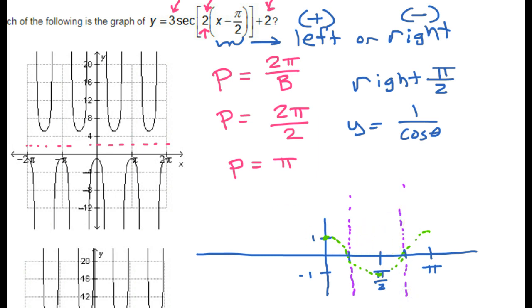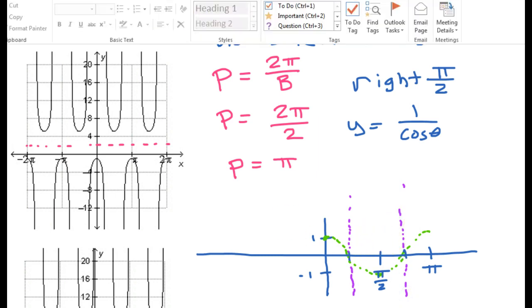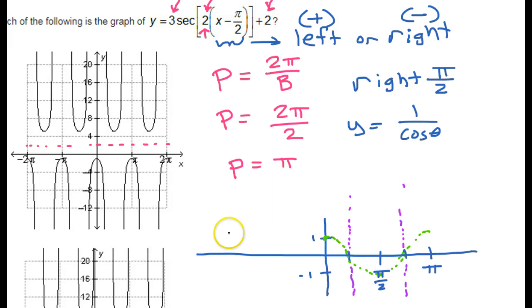Okay, you know what? I think I need to keep this going a little bit further. So I will go ahead and do -pi as well. Okay, so this would be like pi over 2. Alright, and I'll put a couple more marks down.